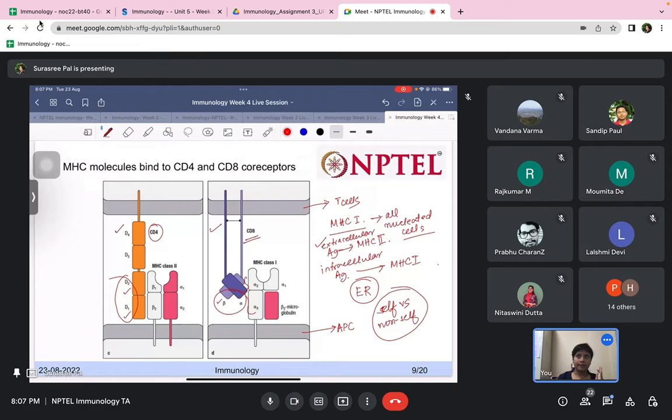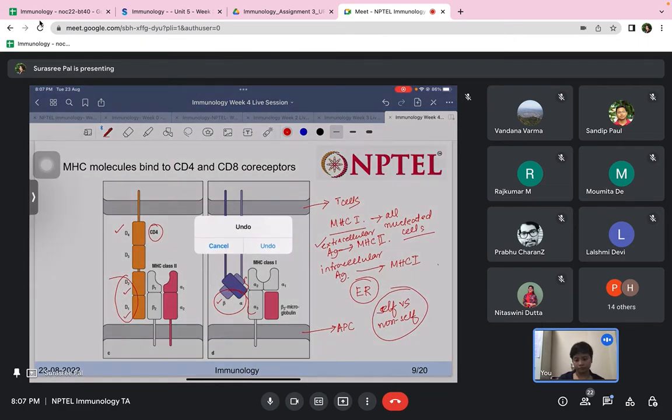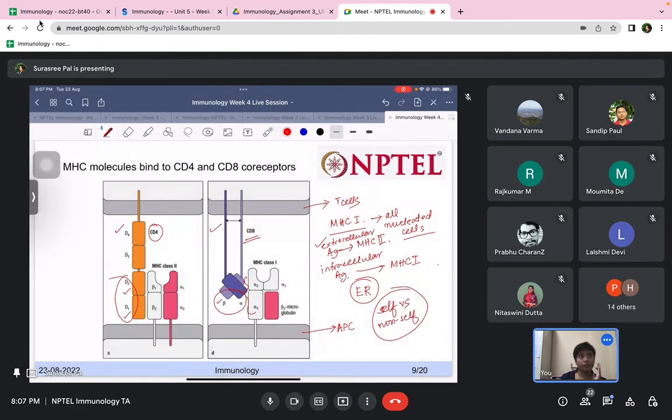The immune cells have to recognize what is my own, and therefore must not react with whatever is self. Otherwise it will produce autoimmunity, autoimmune disorders.